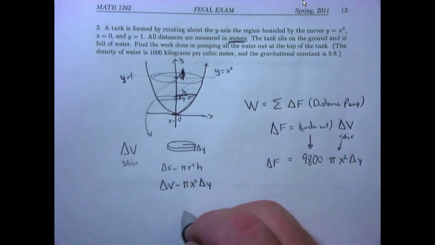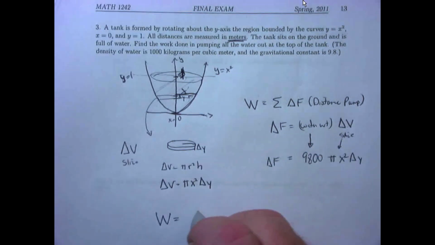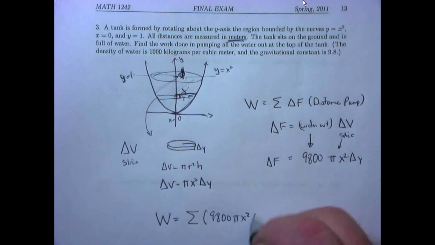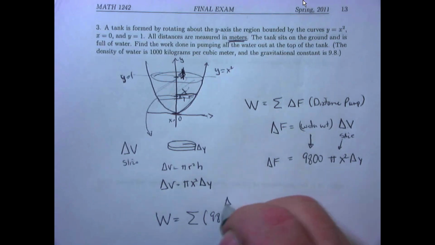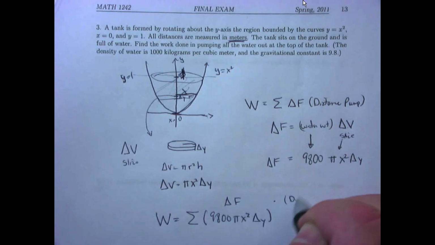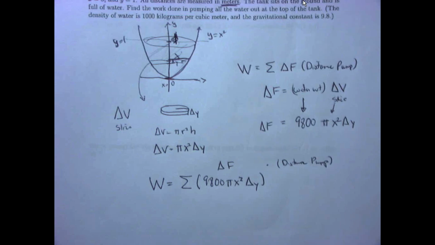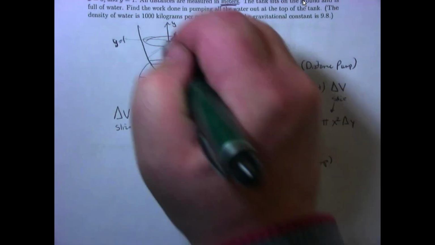This is my change in force. So work is equal to the sum of the change in force, which is 9,800 times pi x squared delta y. This is your delta force, times the distance you have to pump this thing. They told me they want to pump all this water out to the top of the tank.